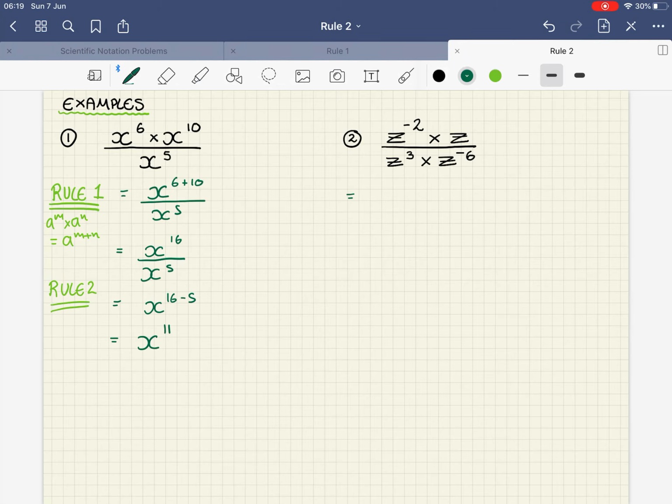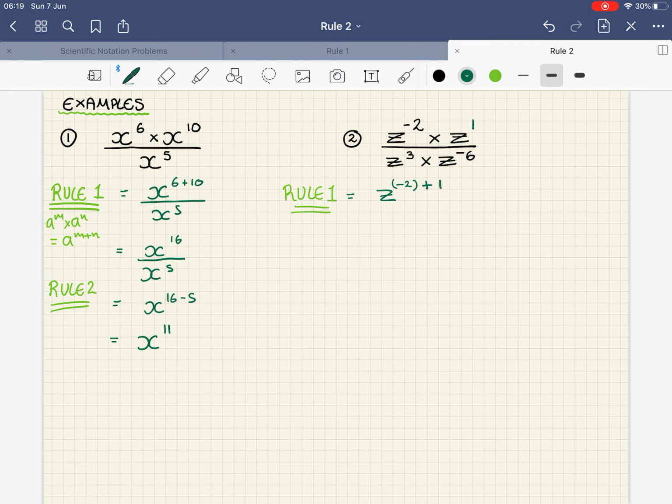So same again here, I've got stuff going on the top and the bottom of the fraction this time, and I'm going to be using my rule 1 first to just neaten it up. So on the top there, I'm going to have z to the power of negative 2 plus, and if there's nothing there, it's a 1.